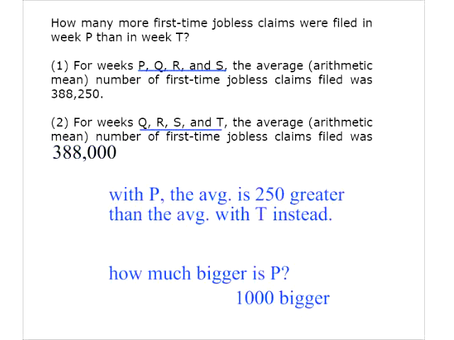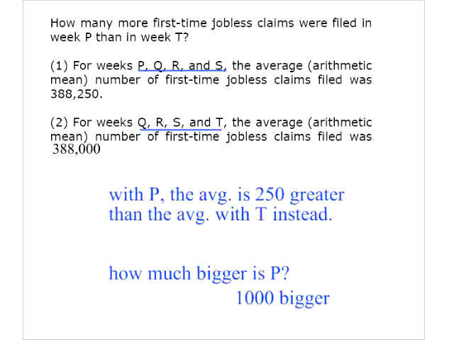So my point being, if the only difference is P and T, and that change is making the average go up by 250, it really tells you that P is 1,000 bigger than T. Because since there are 4 data points, that 1,000 will only change the average by 250. The simple number I had accidentally misread statement 2 as saying this, Maria.